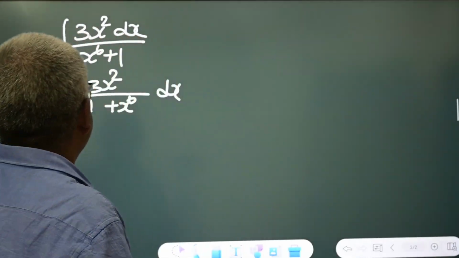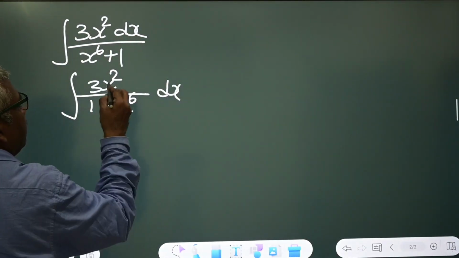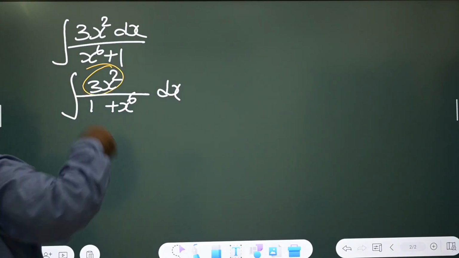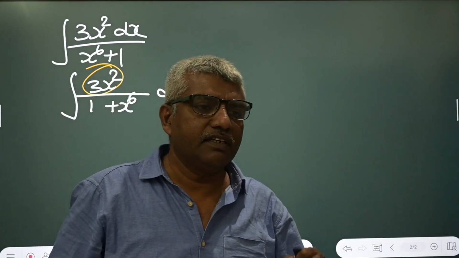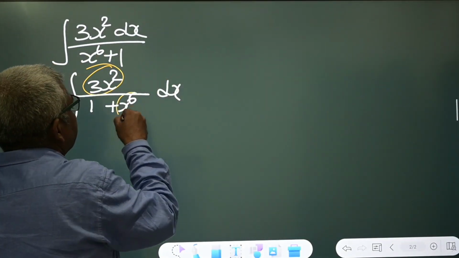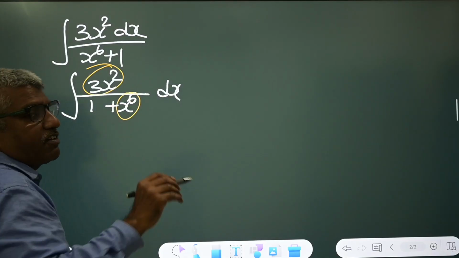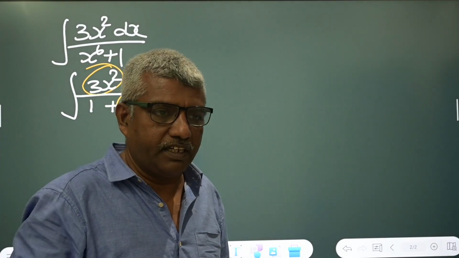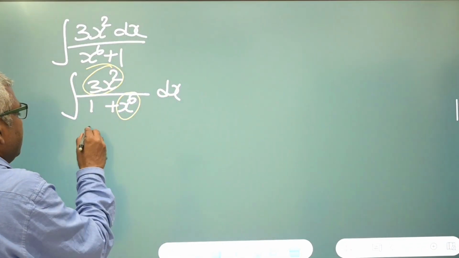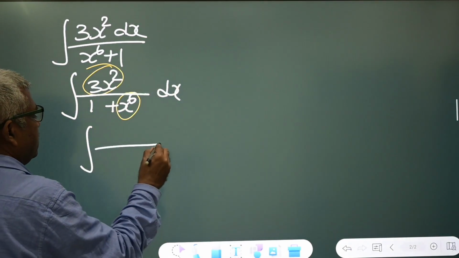But our problem is it is 3x squared. Another problem is x power 6. Here, instead of power 6, a square should be there. Clear?